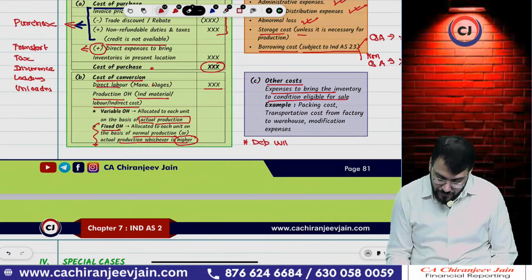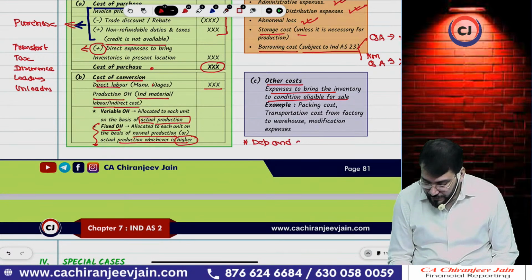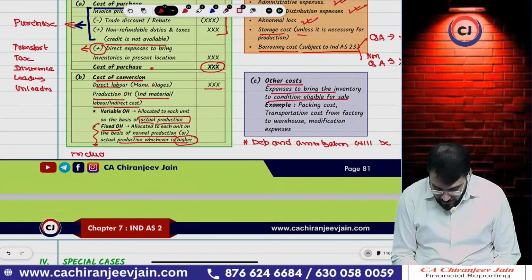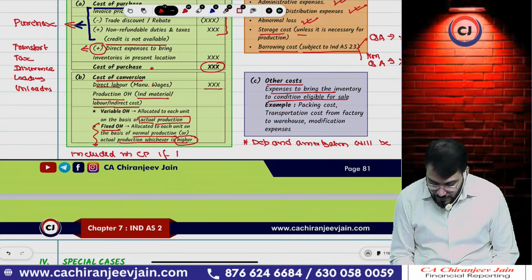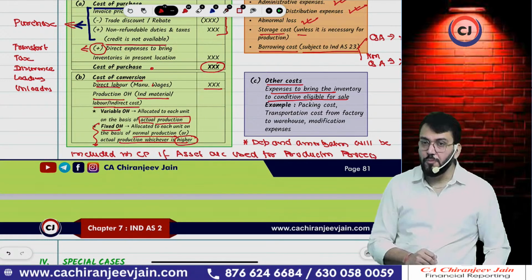You're writing both, right? Depreciation and amortization will be included in cost price if assets are used for the production process.